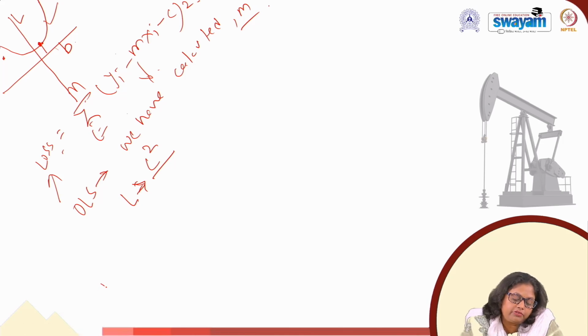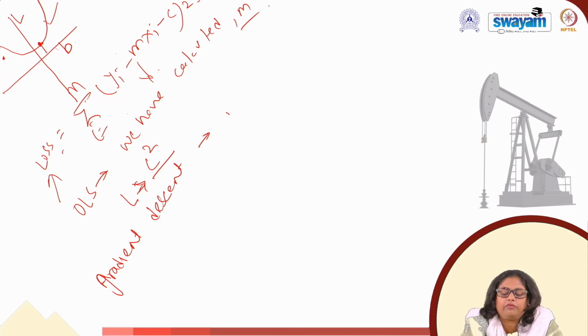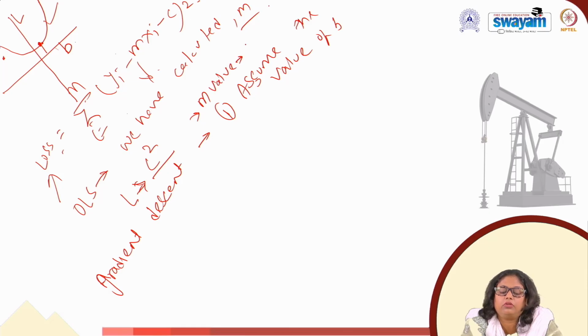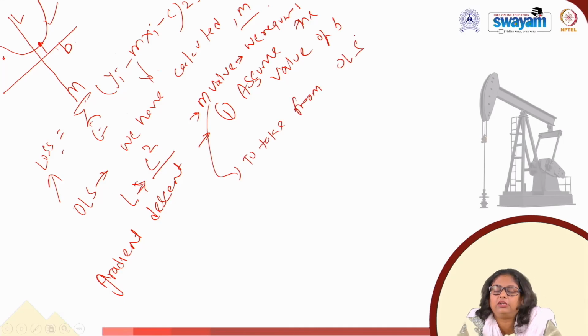So first step, in gradient descent, first assume the value of b, and the m value, that is the slope, we require to take from OLS, ordinary least square. Then next we require to assume the value of b.